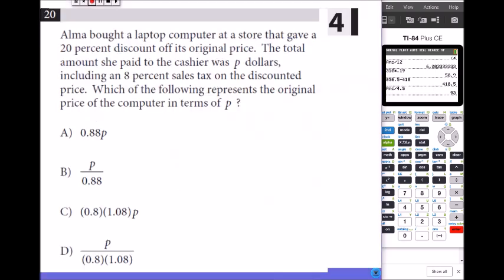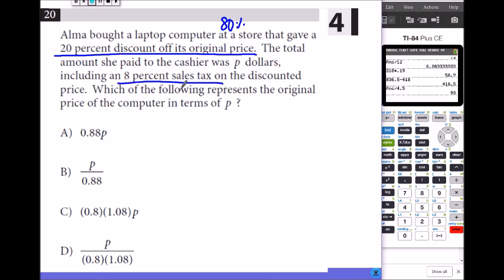So here's 20. Alma bought a laptop computer at a store that gave a 20% discount off its original price. That means you paid 80% of it because you got 20% taken off. The total amount she paid to the cashier was P dollars, including 8% sales tax.